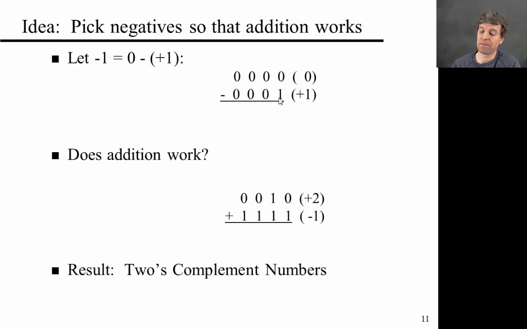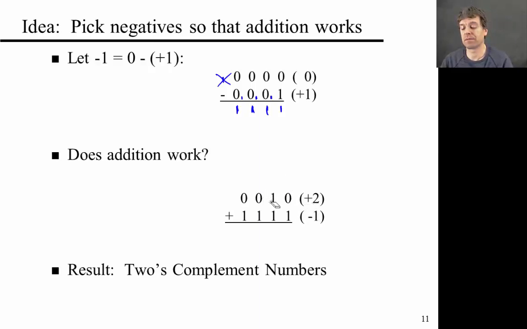So basically here, 0 minus 1 is actually 1, but you had to borrow 1. And again, this borrowed thing, I'll just have to forget about, because there's a fixed width, and there's nothing I can do with this. So basically I'm just going to define that this value 1111 is -1.